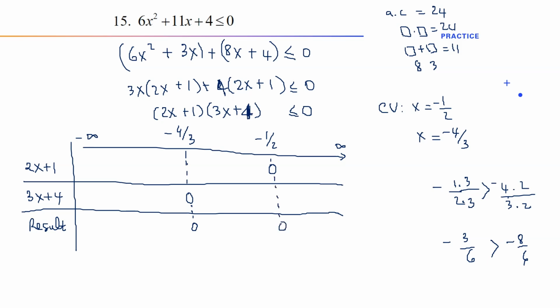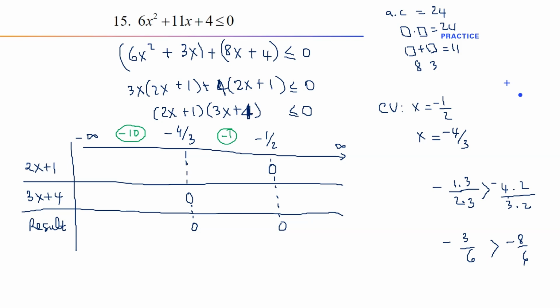Now we choose the test numbers, right? Like I said, I like really nice numbers, negative 10 here. Then for the one in between, that would be negative 1.